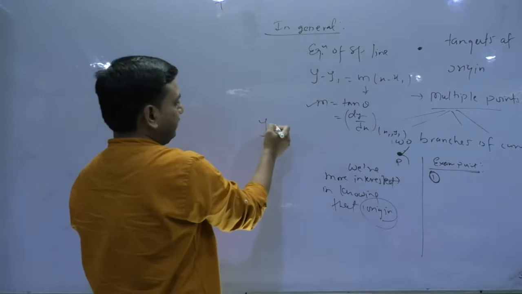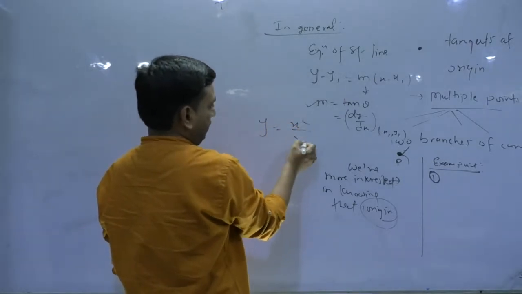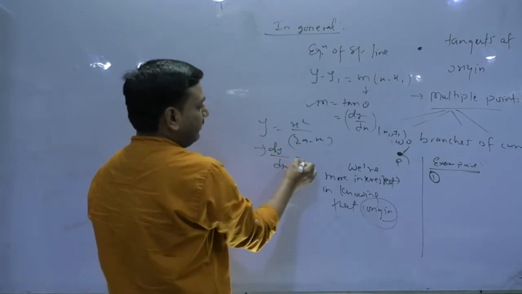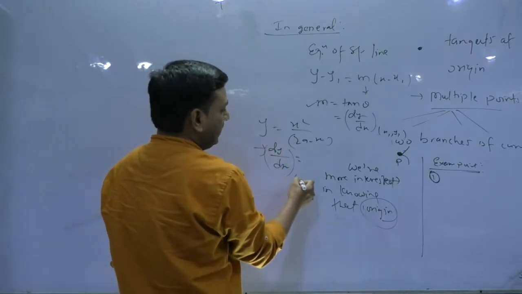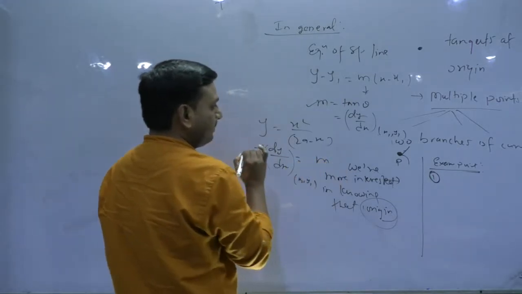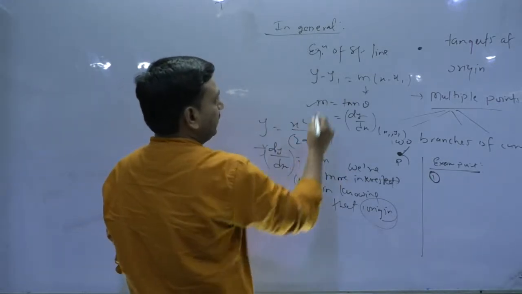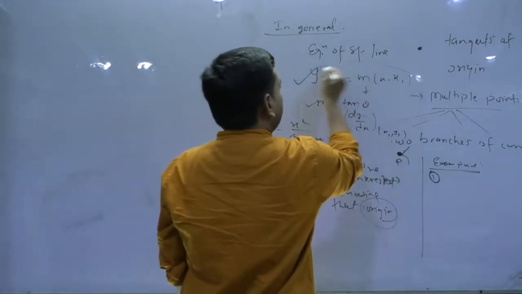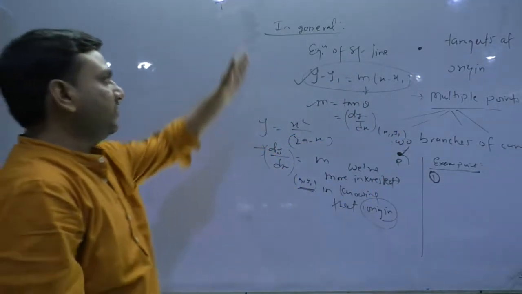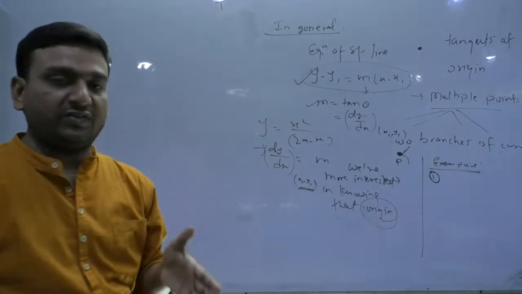Suppose you have been given a curve like y equals x square upon 2a minus x. Here, find dy over dx, then dy over dx at the point (x1, y1). Use this m and the point itself in the equation, and you can get the tangent at that point. So this is the basic procedure.